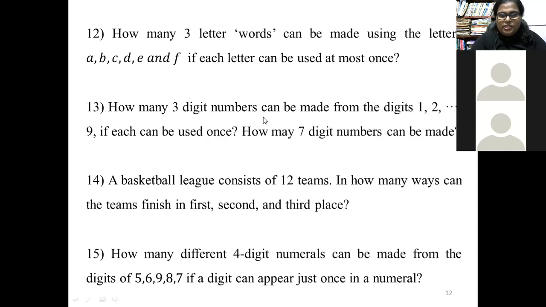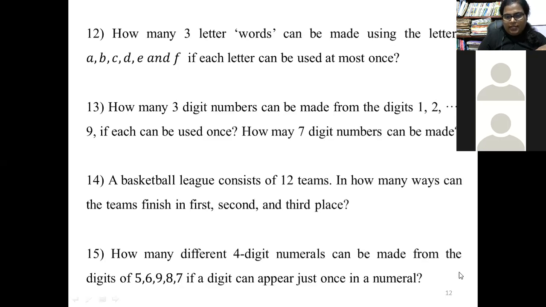How many three-digit numbers can be made from the digits 1, 2, up to 9, if each can be used once, and how many 7-digit numbers can be made. ඉලක්කම් තුනේ ඉලක්කම් කීයක් හදන්න පුළුවන්ද සහ ඉලක්කම් 7 ඉලක්කම් කීයක් හදන්න පුළුවන්ද කියලා අහනවා. 1 2 3 4 5 6 7 8 9 කියන ඉලක්කම් 9 තමයි අපිට use කරන්න තියෙන්නේ. ඒ ඉලක්කම් 9 use කරලා ඉලක්කම් තුනේ ඉලක්කම් කීයක් හදන්න පුළුවන්ද, ඉලක්කම් 7 ඉලක්කම් කීයක් හදන්න පුළුවන්ද කියලා තමයි මේකෙන් අහන්නේ. Okay, we'll see it on the whiteboard.